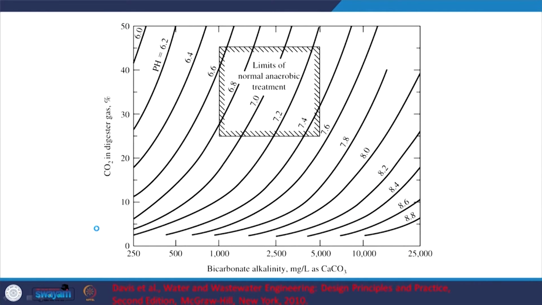As you can see here, we have two aspects, carbon dioxide in digester gas, and then the relevant pH, and also bicarbonate or alkalinity measured as CaCO3, let us say.